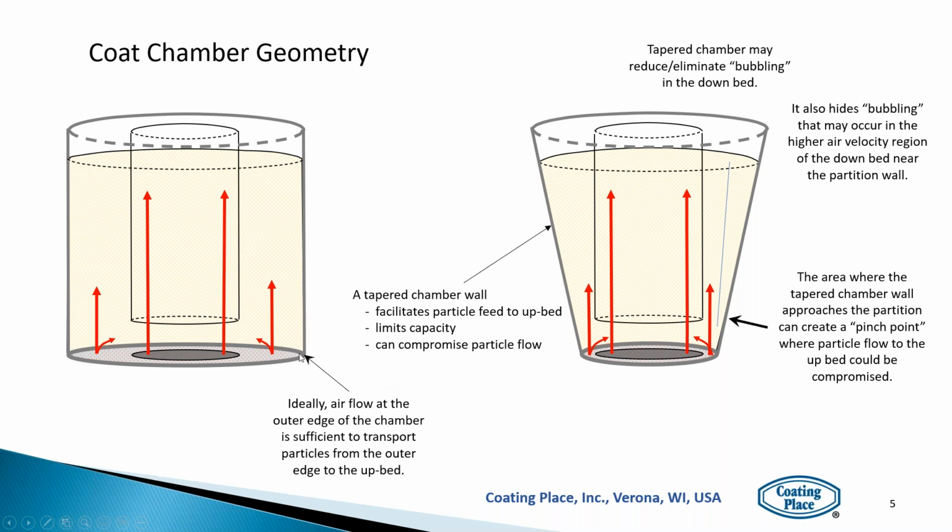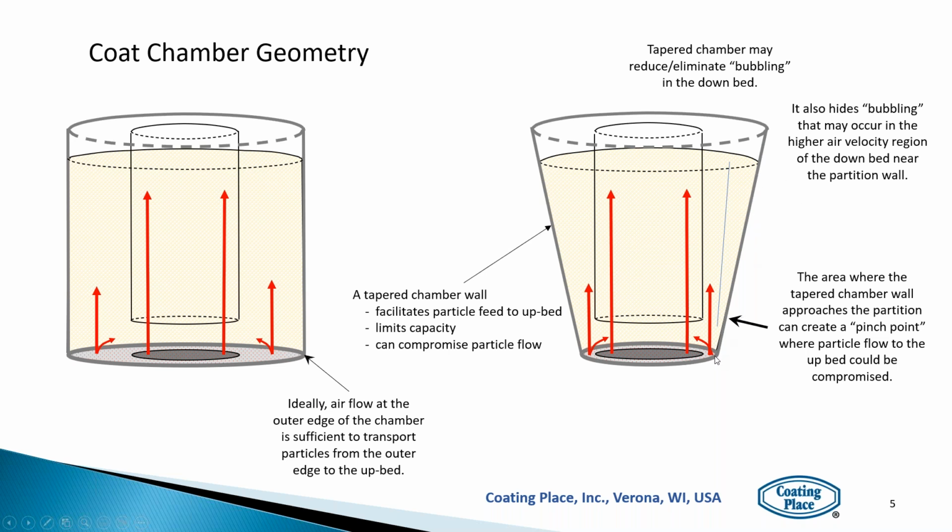Now, quite often we work with cylindrical chambers as shown on the left here, and ideally you want to fill this chamber to near the top of the partition for ideal particle flow. There are systems out there, and we work with these as well, where you use a tapered chamber.